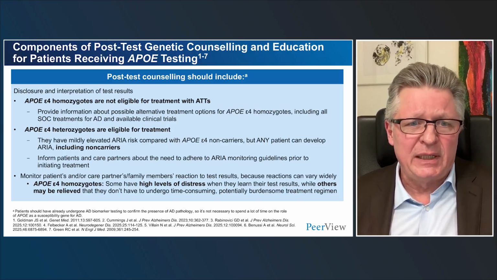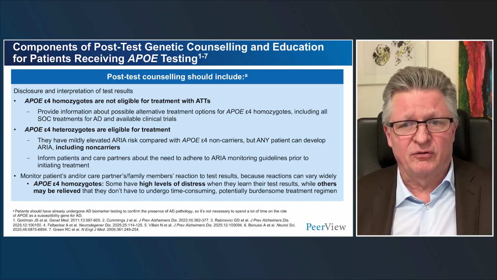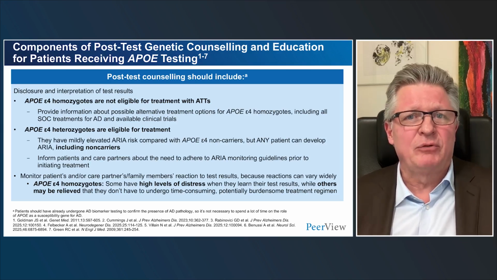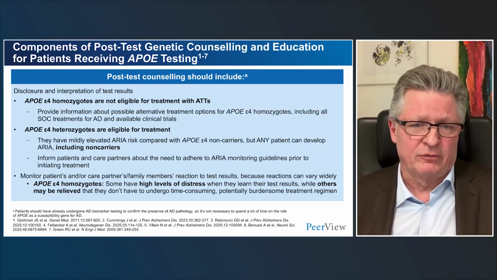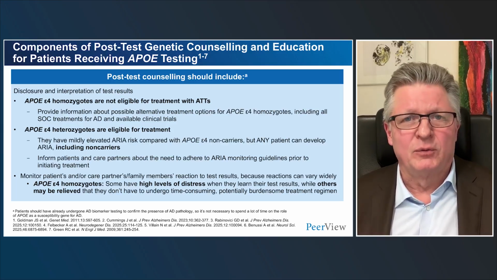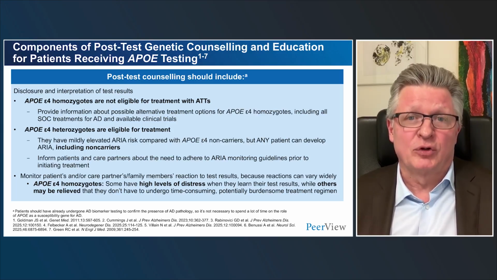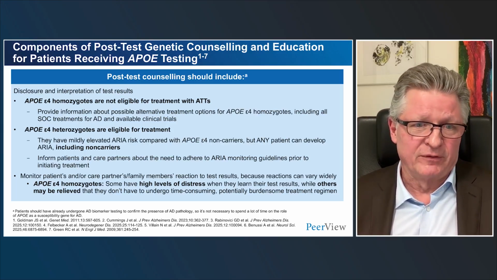They can be worrisome. They can show some signs of distress. But there are also other cases where patients may actually be relieved that they do not qualify for treatment because they were already not very sure and certain if they really want to undergo these, in a way, time-consuming and potentially burdensome new anti-amyloid treatments.